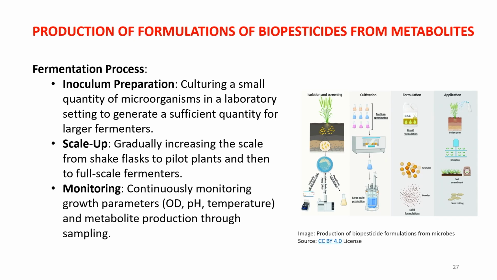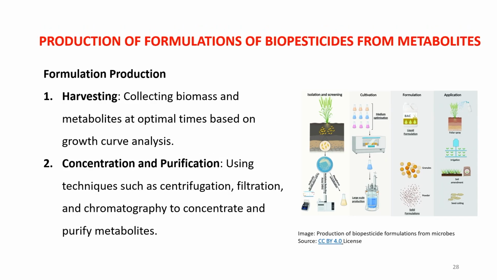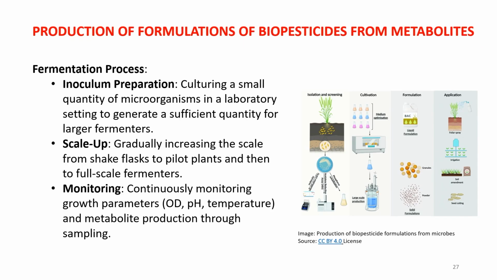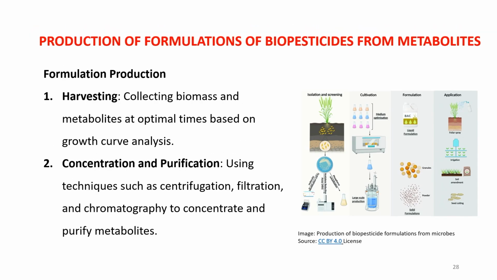Continuous monitoring of growth parameters like optical density, pH, temperature, and metabolite production through sampling is very important to understand the growth dynamics. So the production process may start with isolation and screening from natural sources, then characterization, then flask cultivation, then lab-scale cultivation, and finally industrial large-scale production.